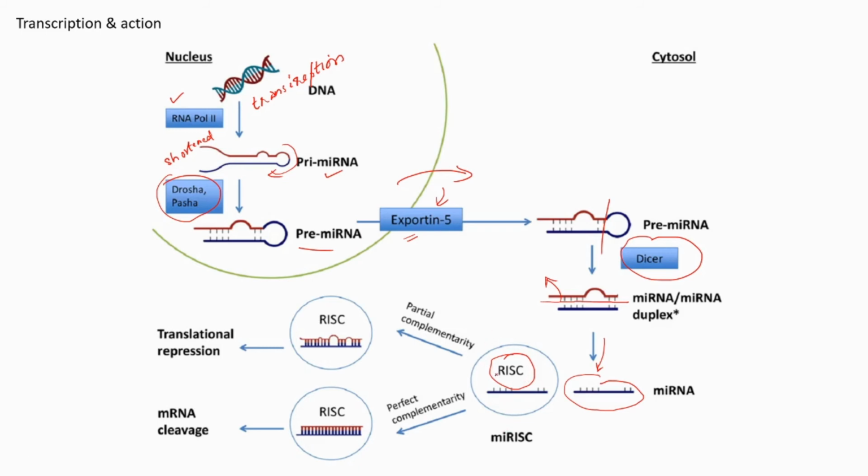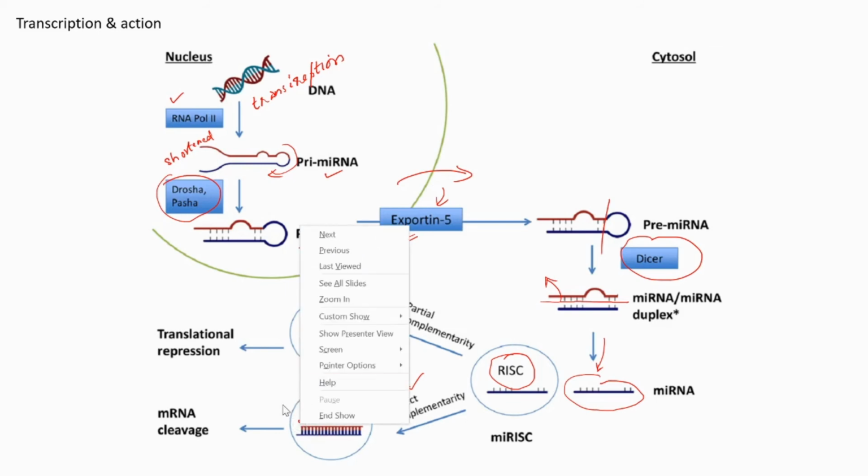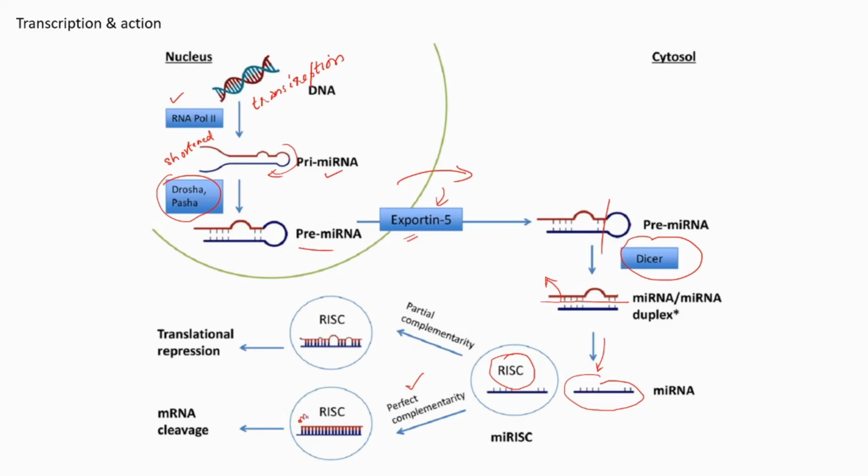Then this complex, if it has perfect complementarity with the mRNA, can directly go and bind with the mRNA. Suppose this red is an mRNA. It binds with the mRNA and then cleaves it, and in that way suppresses the expression of that gene.